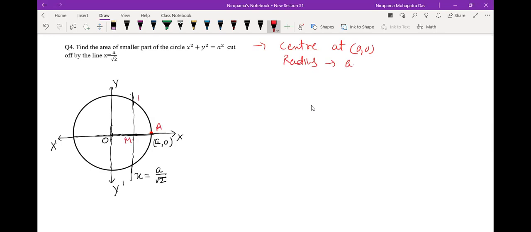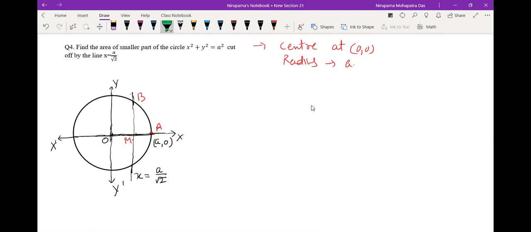So if I write here O, A, and I can write M here, it may be B. So the coordinates of A will be a, 0, because OA is the radius of the circle, a units. Now the line MB is x equal to a by root 2. Now here you see, the area of the smaller part of the circle.